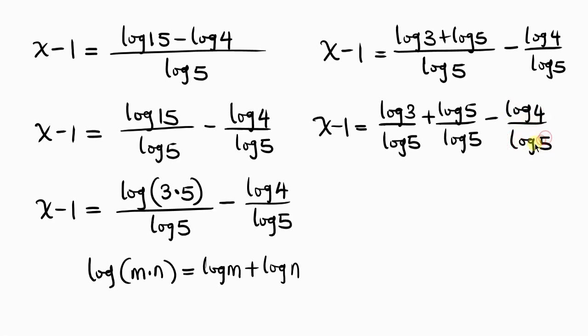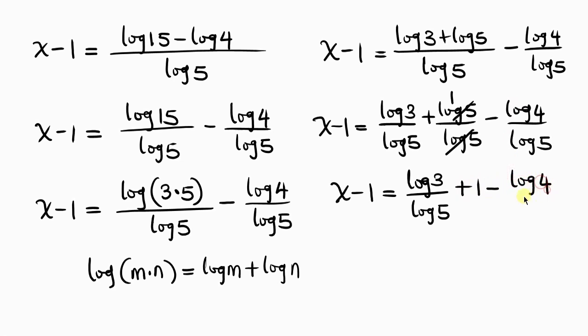Very good. Now notice that log 5 divided by log 5 is 1. So we have x minus 1 to be equal to log 3 over log 5, and then plus 1, so plus 1 minus log 4 all over log 5.